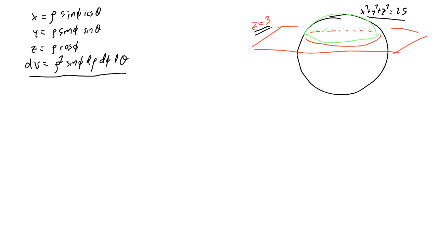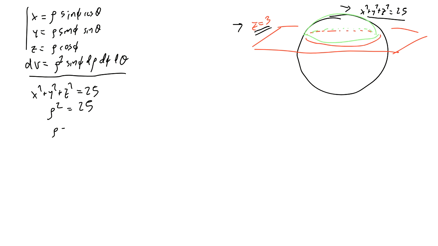Okay, so let's use our spherical coordinates to transform each of these two equations into spherical coordinates. I'm not going to do the calculation again, but in spherical coordinates, x squared plus y squared plus z squared is rho squared. So if you take these equations for x, y, and z and substitute them in and use the Pythagorean theorem twice, you'll get rho squared equals 25.